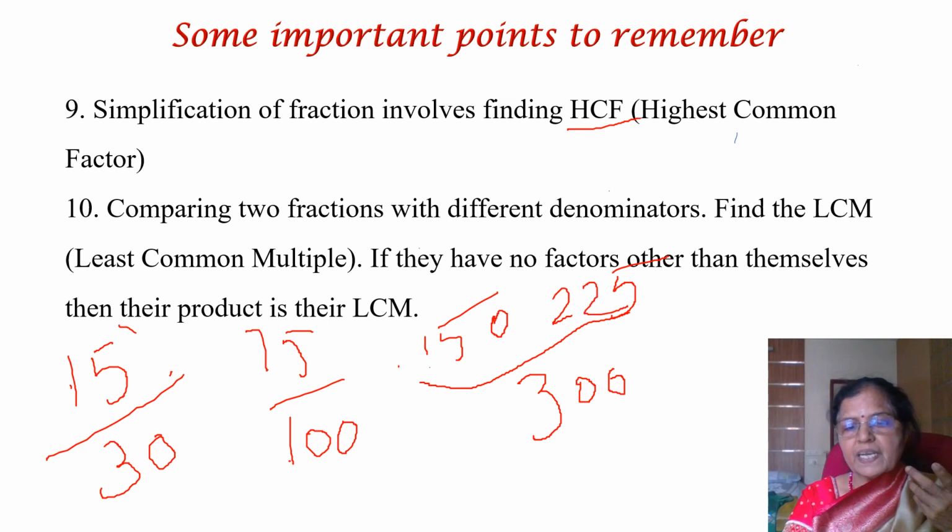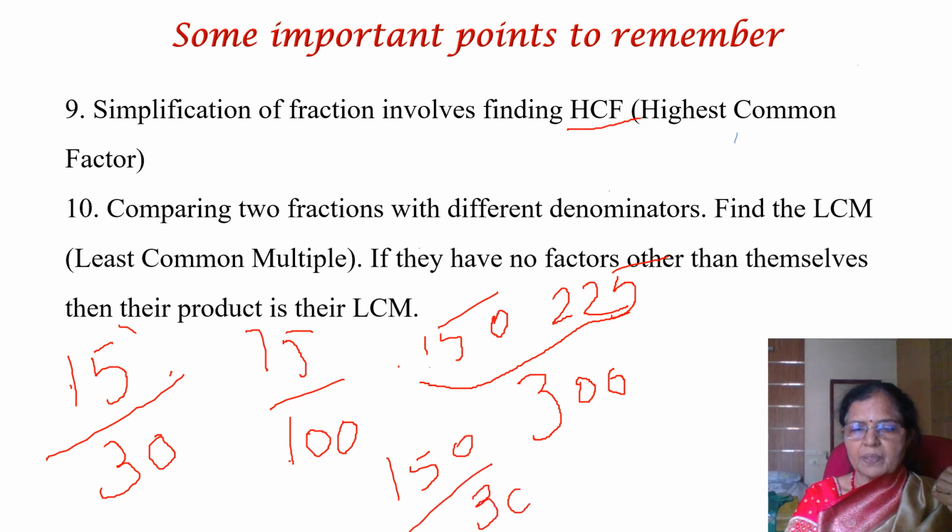So, which is greater, 150 by 300 or 225 by 300? Which is bigger? You tell me, looking at the numbers. The denominator is the same. Which has got the greater value, 150 parts per 300 parts or 225 parts per 300? 225 by 300 is the bigger one.